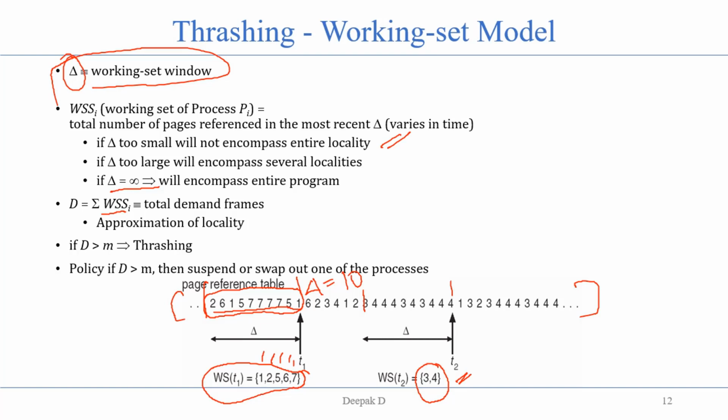So the important thing is that we have to select a working set window. The size of this working set window plays an important role in avoiding thrashing. Once this working set window has been selected, the use of the working set model is very simple.